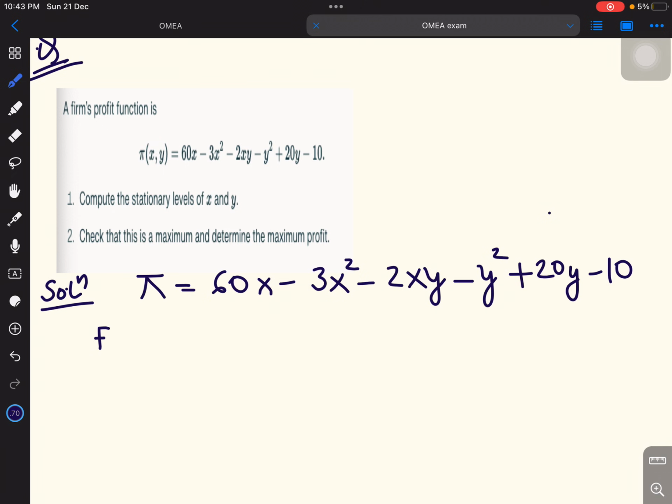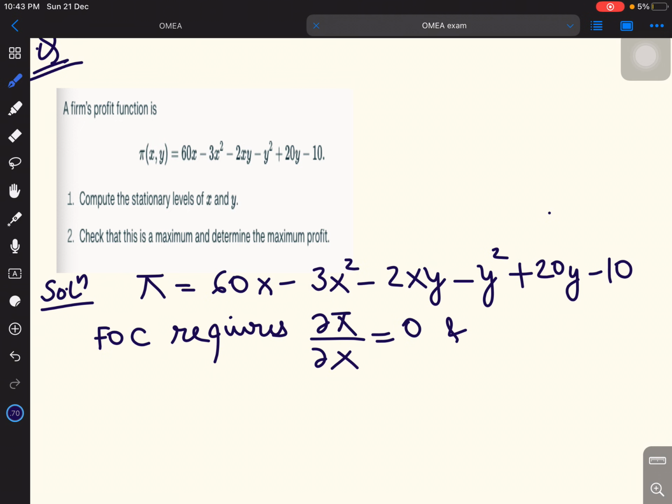So the first order condition requires delta pi by delta x to be equal to 0 and delta pi by delta y equal to 0.